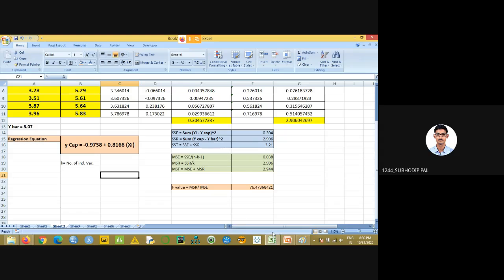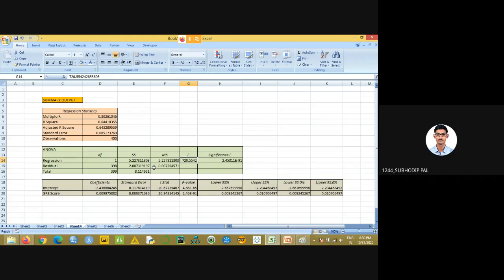Now my ANOVA table is completed. Degrees of freedom I have calculated, I told how to calculate the SS values, and I will also calculate the MS values and F value. Now the significance level: from the F table I can calculate the significance value, or the P value, of it.